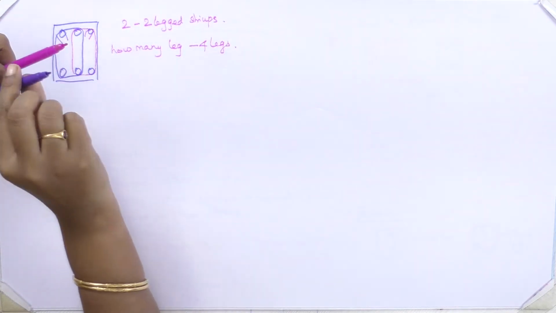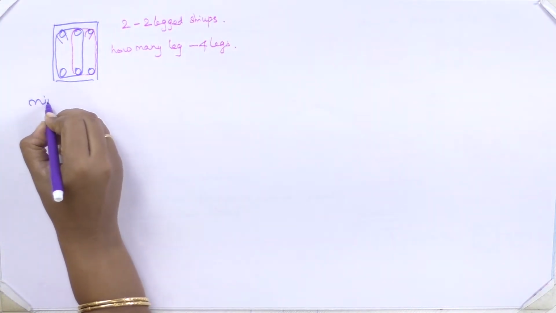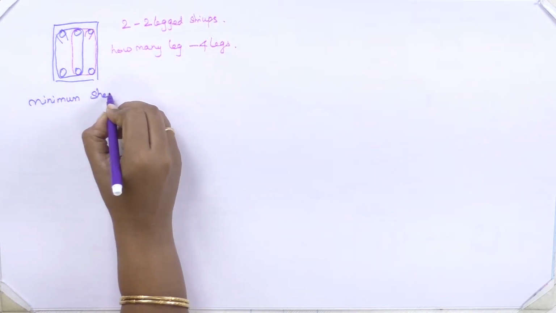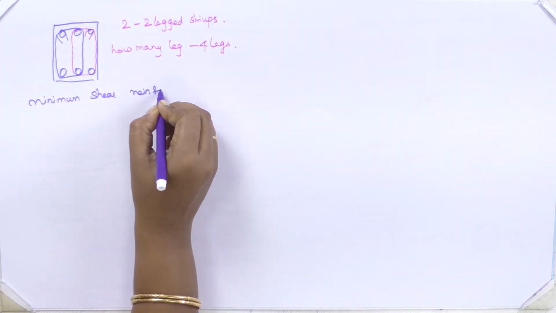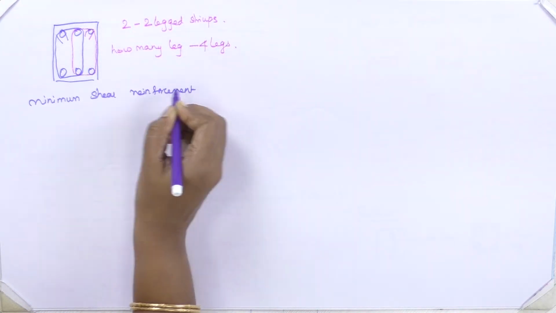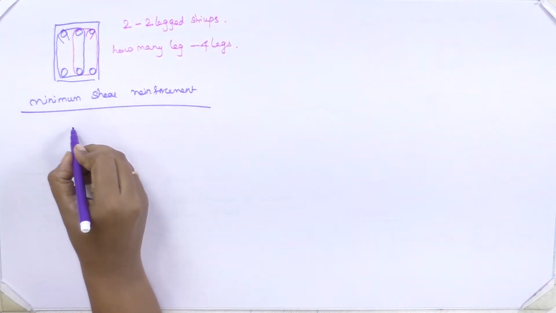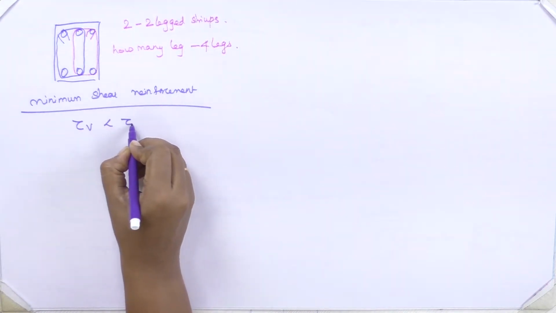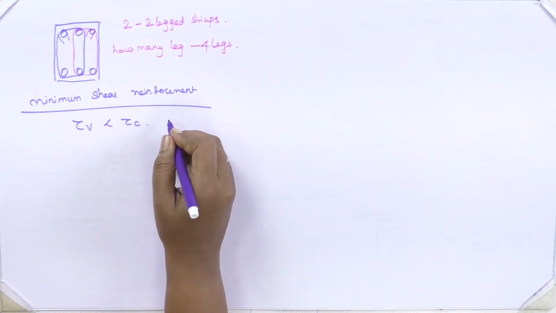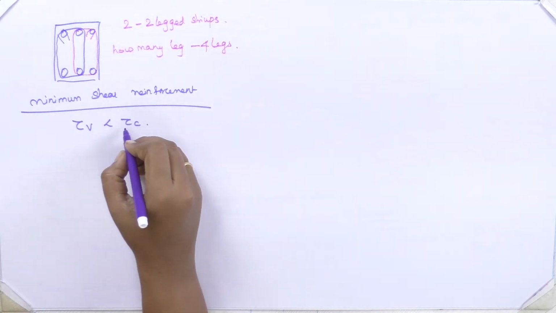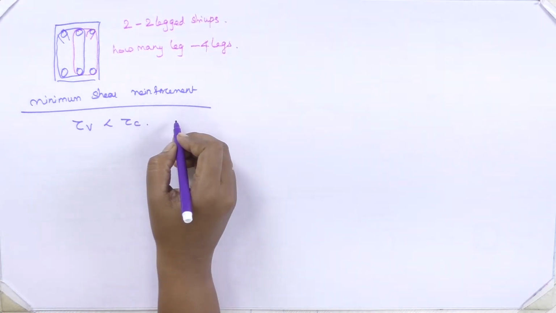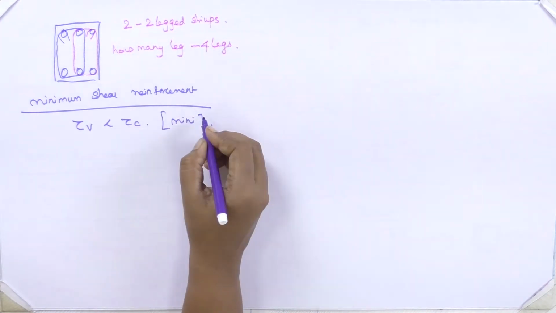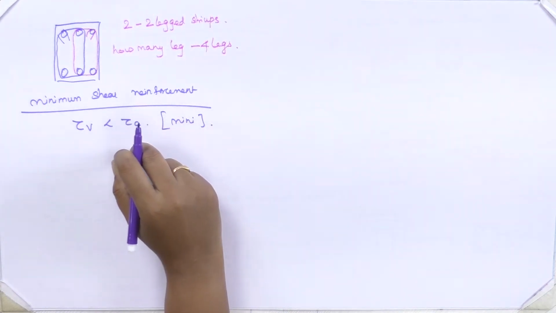Okay. Let me now see minimum shear reinforcement. What is your minimum shear reinforcement capability? When tau V is less than tau C, the minimum shear reinforcement can be provided.